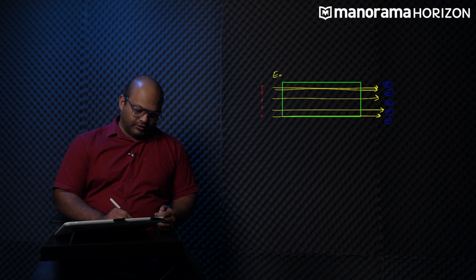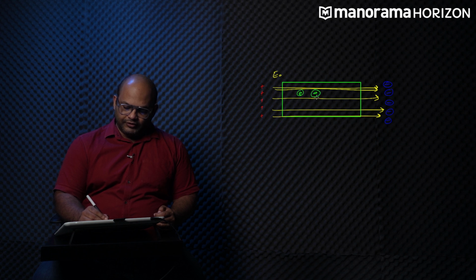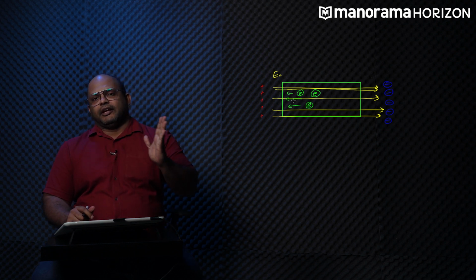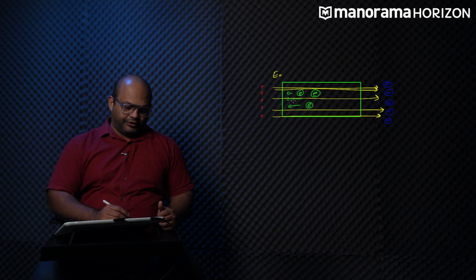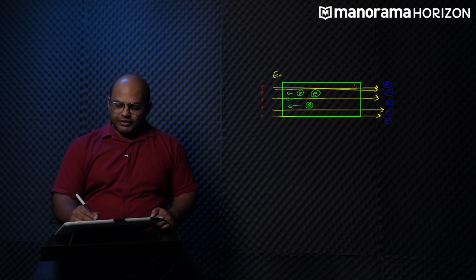So the free electrons inside this material will all start drifting in one direction. And because they are drifting in one direction, a lot of positive charges will be uncovered in the other direction. So we will have positive charges being uncovered inside this material in the other direction.